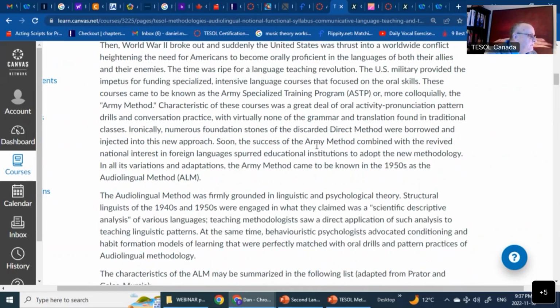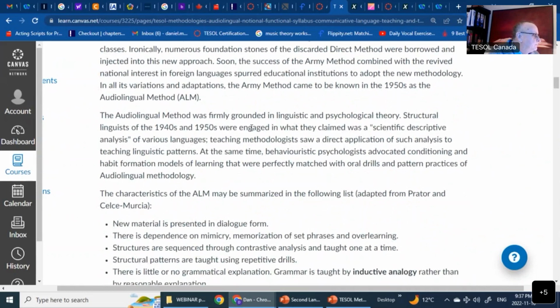Soon, the success of the Army method, combined with the revived national interest in foreign languages, spurred educational institutions to adopt the new methodology. In all its variations and adaptations, the Army method came to be known in the 1950s as the audiolingual method.